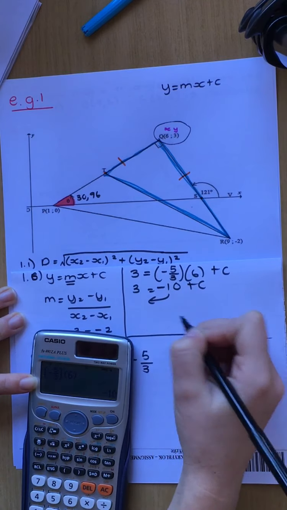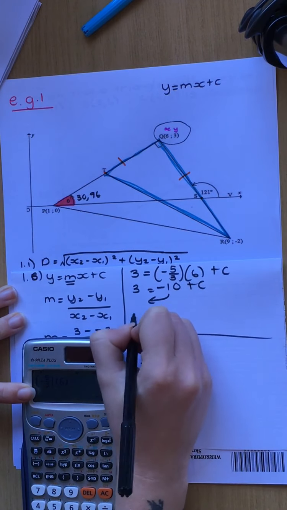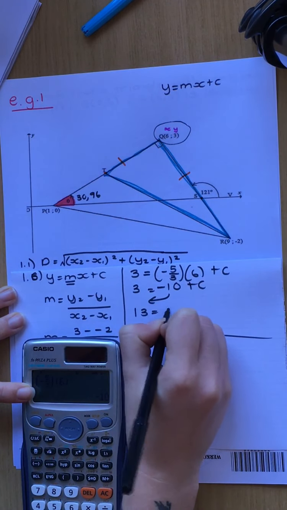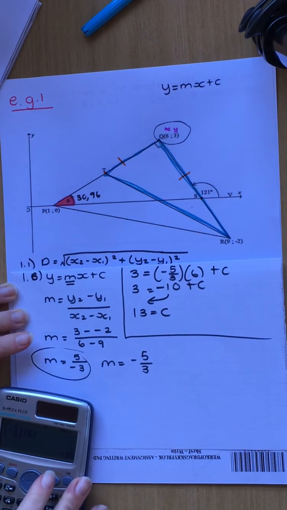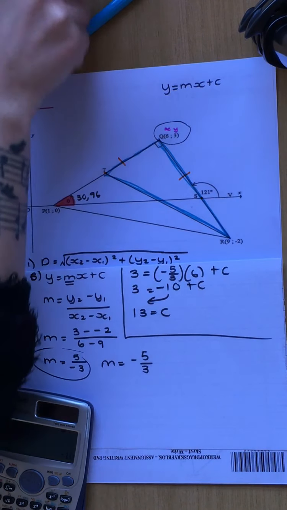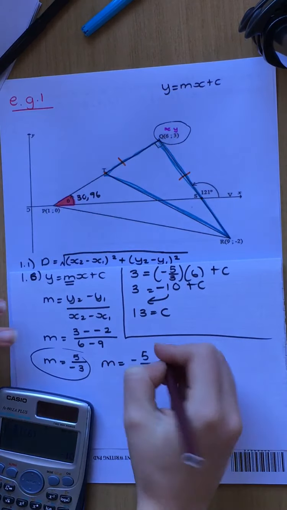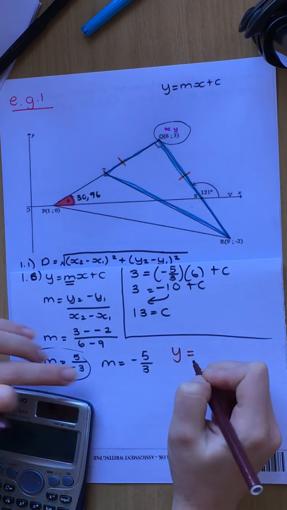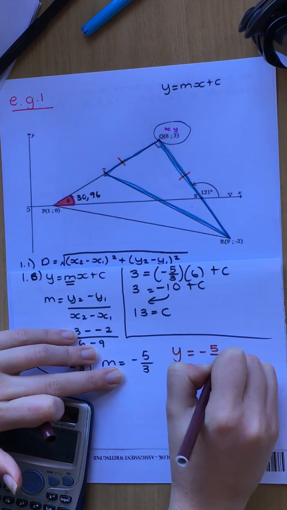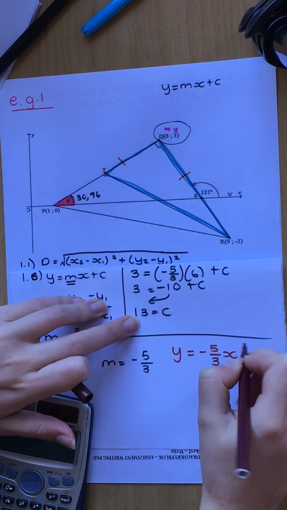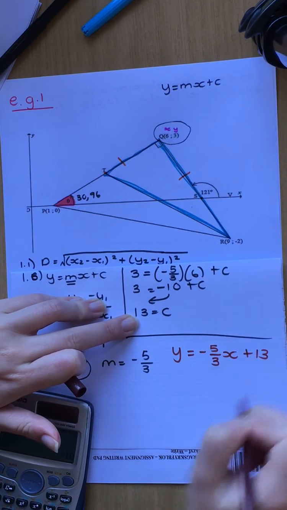Then if I take the 10 over, it becomes plus 10. So it becomes 13. So c is equal to 13. So your little linear formula is going to be y equals, your gradient is minus 5 over 3 x, and your c is plus 13.